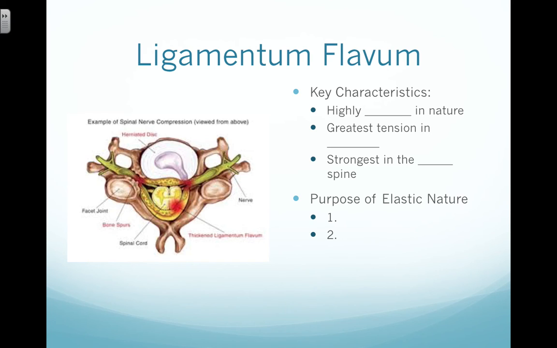So the ligamentum flavum, I just love that word. It's kind of a cool word. It's really a phenomenal type of area in our body because it's highly elastic in nature, and it's a great support structure for our intervertebral disc because it creates that continuous compression. It's one of the areas of our body that actually even in a neutral position is still under tension.